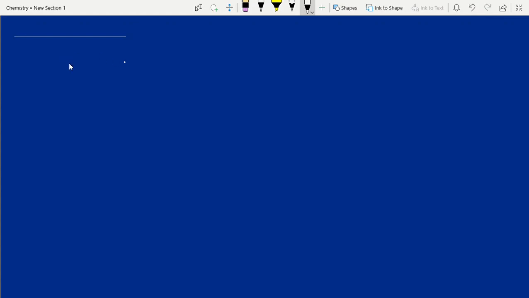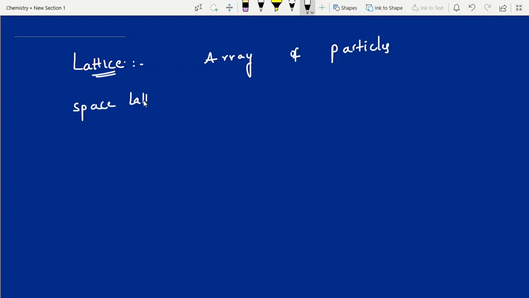Some important definitions I am writing, students. Lattice. Lattice is nothing but an array of particles, that means a systematic arrangement. Array of particles. Next one, space lattice, also called crystal lattice.